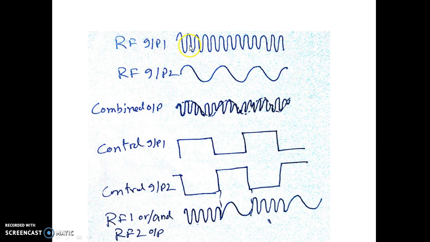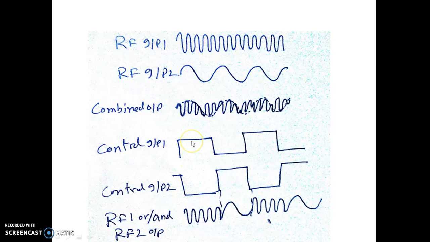Now assume that this is RF1 at a particular frequency which is a bit high frequency comparatively. RF2 is a bit low frequency signal. Since it is passed through a combiner, assume that this is an overlapped signal like this. So it's a combined output at the combiner, and assume that the control input is a square wave like this for input 1, and for input 2 it is like this.